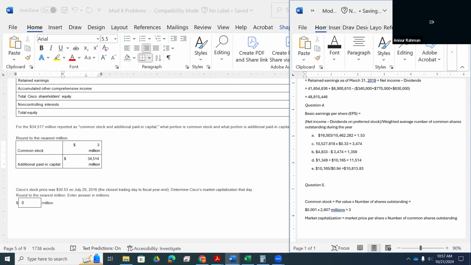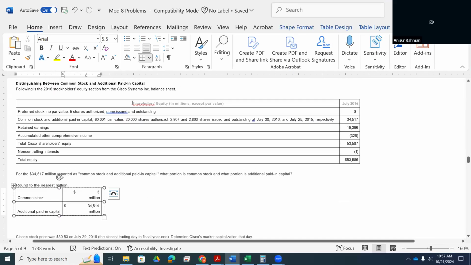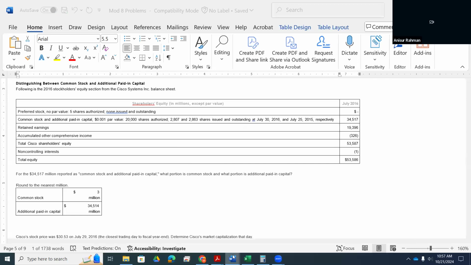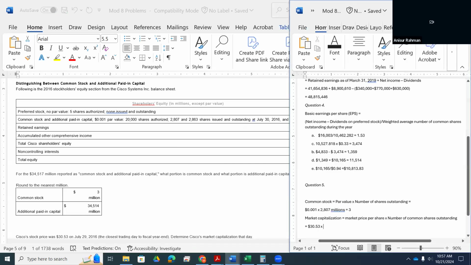So in other words, market capitalization is the market value of common stock. So market price per share is $30.53, and the number of common shares outstanding is 2,807 million.